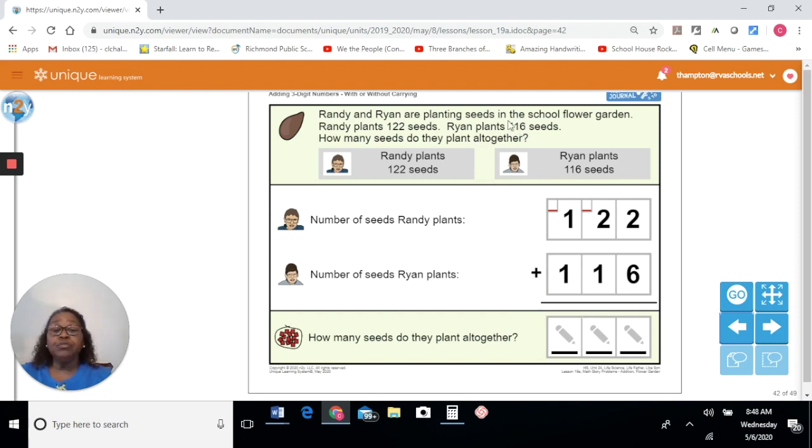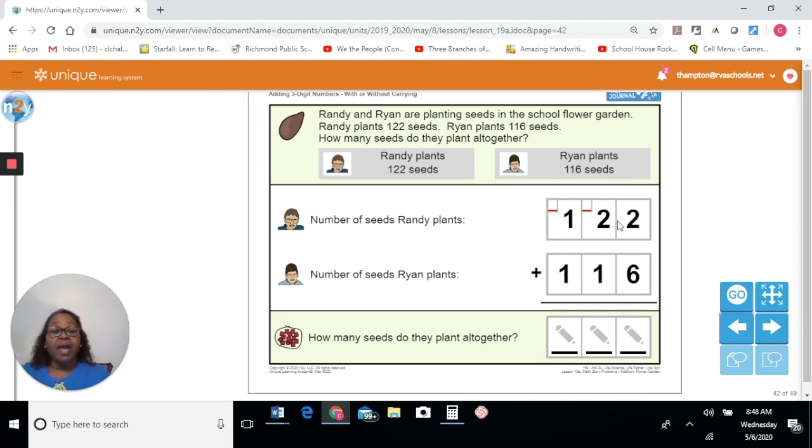If you see the word altogether, that means you're going to add. Very good. That means the answer will be larger than the two numbers because you have added, and therefore the answer should be larger than the two numbers that you have.